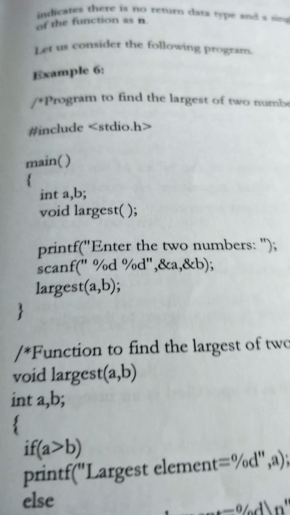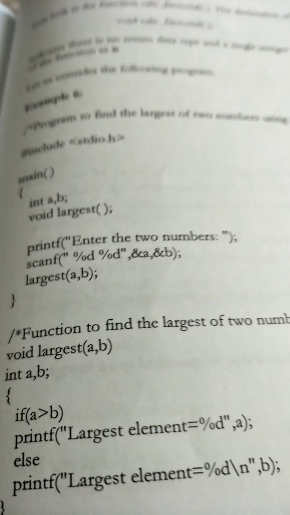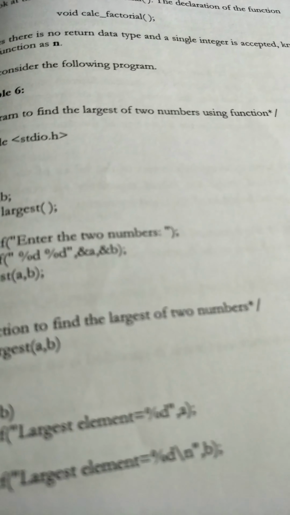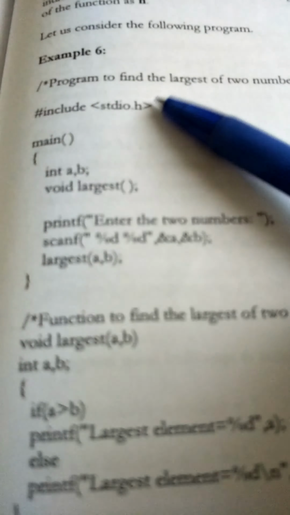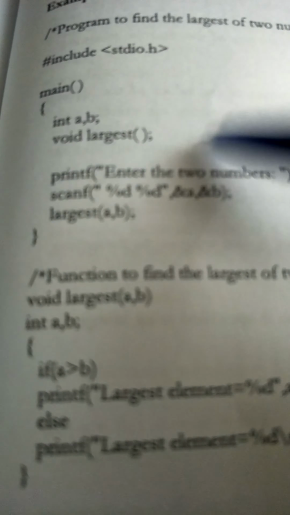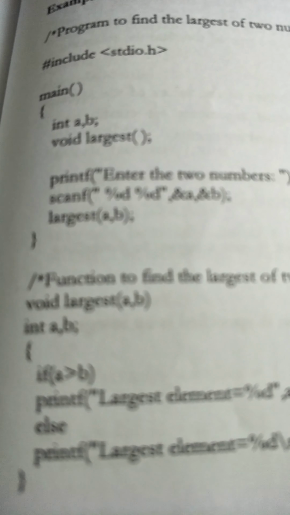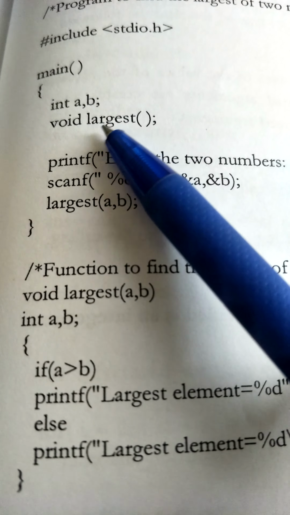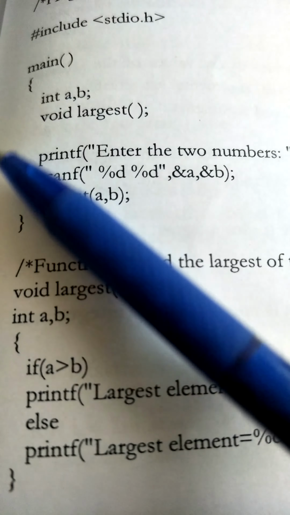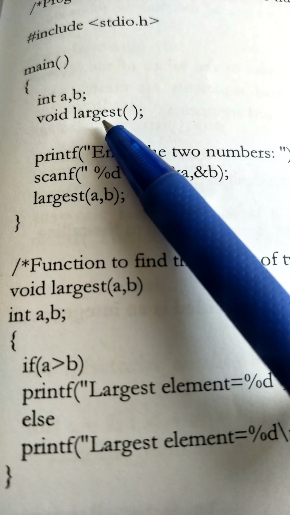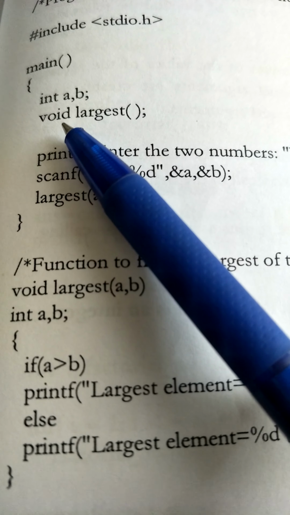Look at this example. Okay, program to find the largest of two numbers using function. So we have this program, include everything. There should be no problem there. And then main. Okay, and then we tell the compiler that in this program we have a function named largest, which has no return value.